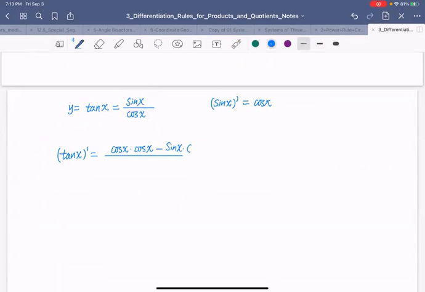Cosine x derivative is negative sine x. All right, so here is negative sine x. Okay. Don't confuse yourself, okay? Divided by who? Cosine x squared.